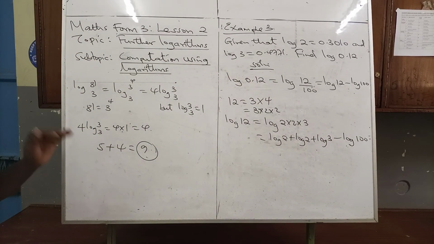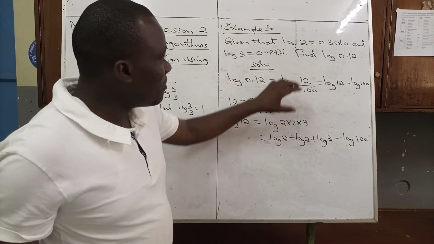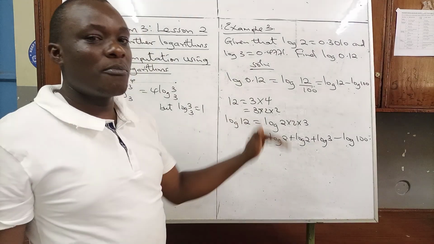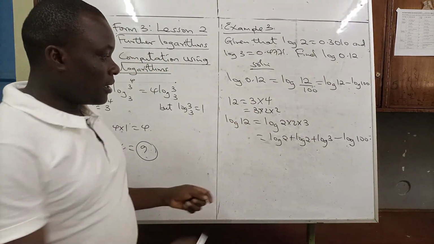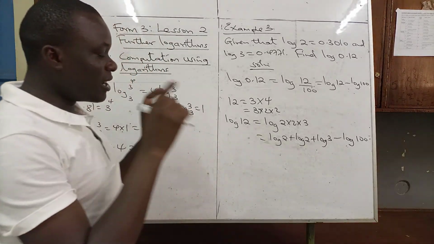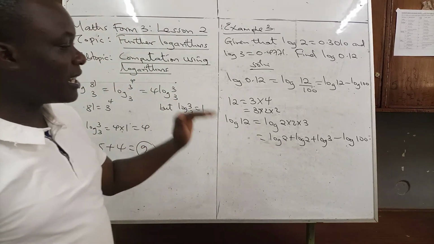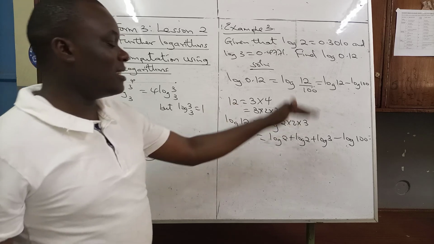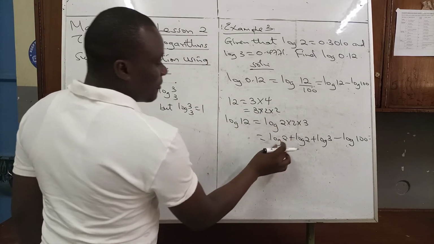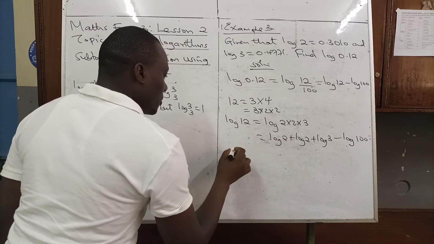What I want to remind my learners is that when the base is not given, automatically it means that those logs have base 10. So because we have log 2, we will put it.